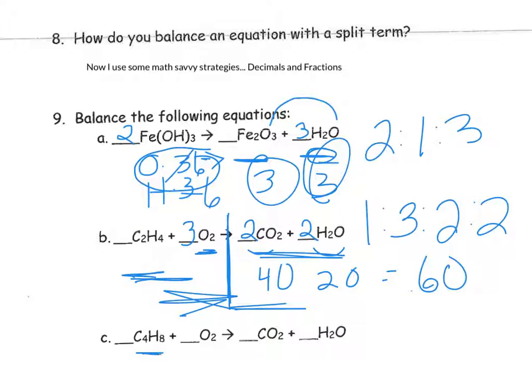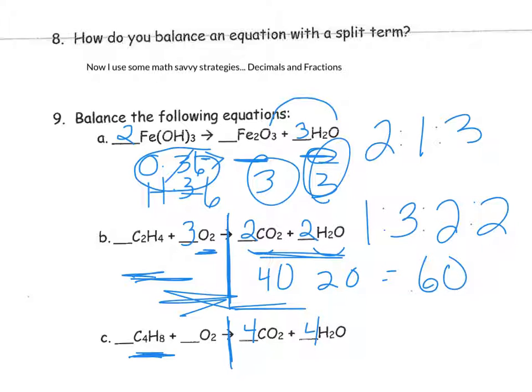This is C4H8 plus oxygen make carbon dioxide and water. So if I've got 4 carbon on this side of the arrow, I know I need at least a 4 there. And next I'm going to do hydrogen. If I've got 8 there, I'm going to put at least a 4 there. All right. So now let's look at my oxygens.